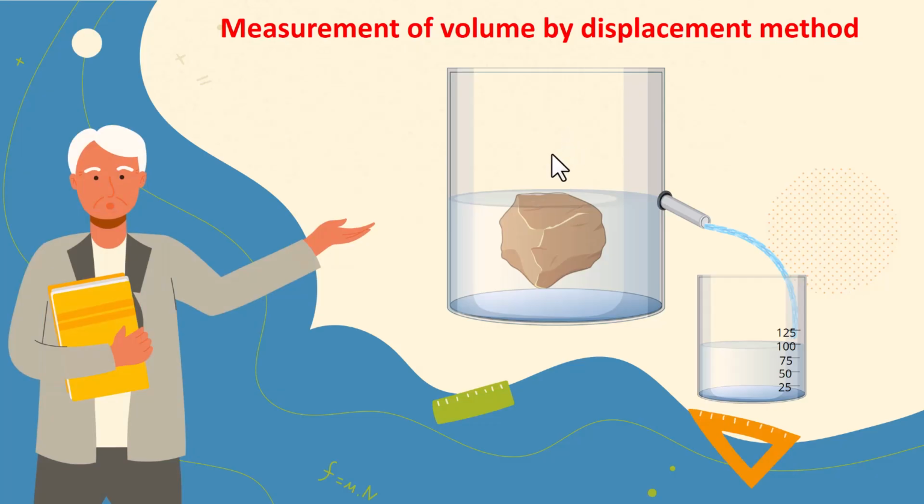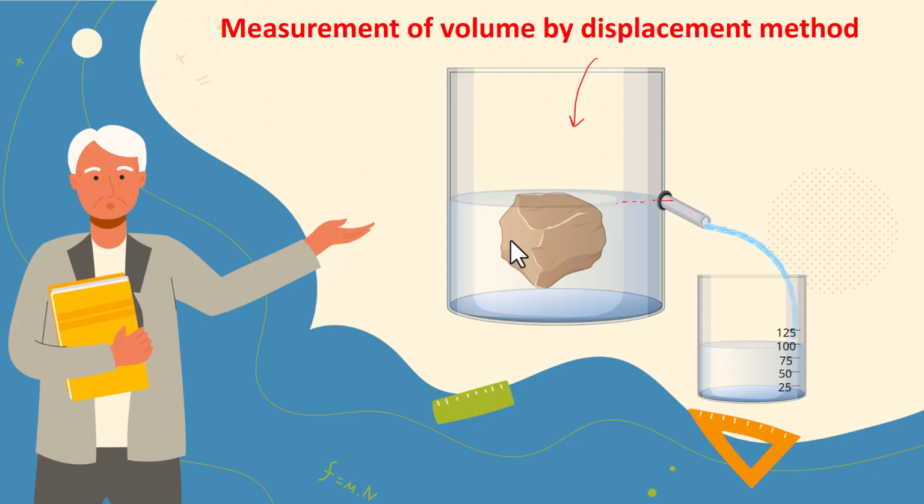So here you can see this method is basically the displacement method. In this method, the can is filled with water up to the spout level, which is here, and then the object is lowered into it. Here I suppose that you are going to find out the volume of a large irregular shaped object, which is the large stone. Then you need to lower the large stone into it.